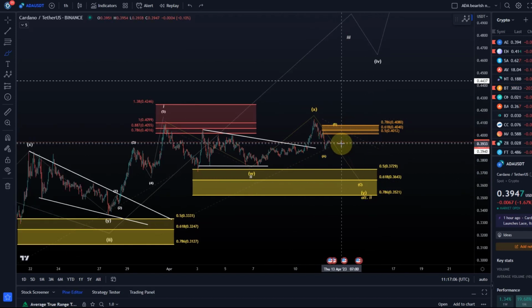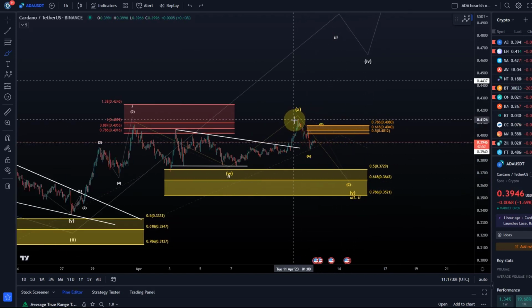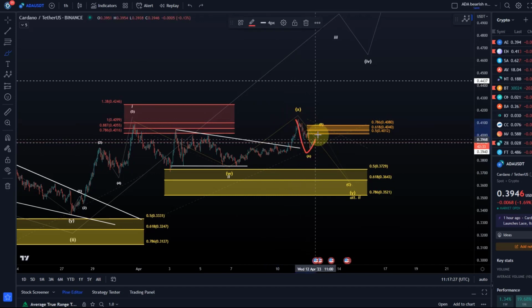And the reason for that is I have 5 waves down. So the move from the 41.3 high, which was made yesterday, is a 5-wave move. So it could be that this was the A wave, because a Y wave, which is part of this complex correction, consists of 3 waves: A wave, B wave, C wave.